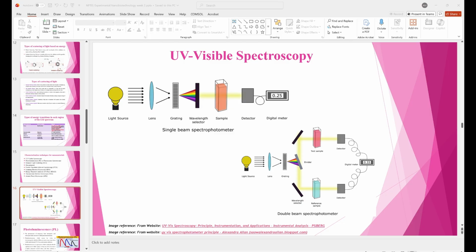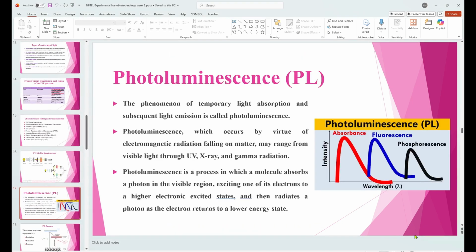Compounds which are not fluorophores, their absorbance wavelength will not give you any emission wavelength, but for compounds which are fluorophores, their absorption maxima is their excitation maxima. So if you excite the fluorophore with that wavelength, you will get an emission wavelength which is slightly shifted to a higher wavelength. So this shift is called what? Anybody remembers what this shift is called?